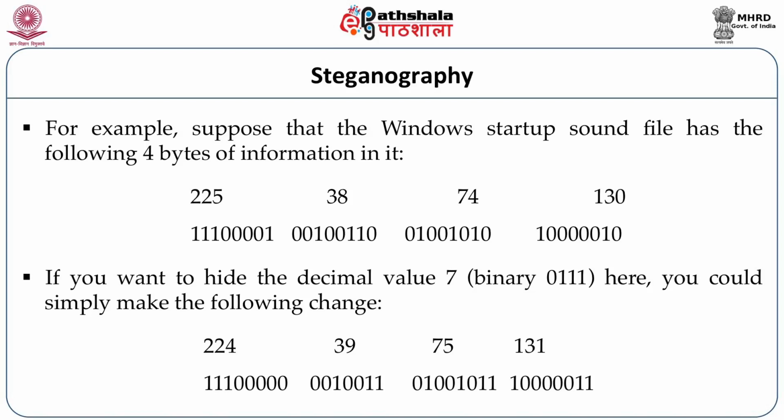Now 38 becomes 39 because we have changed the last bit to 1 instead of 0. 74 becomes 75 and 130 becomes 131. So we wanted to hide 4 bits, which we have hidden in 4 different bytes. So sound will not be deteriorated and nobody will find out that there is some data going in the sound file.